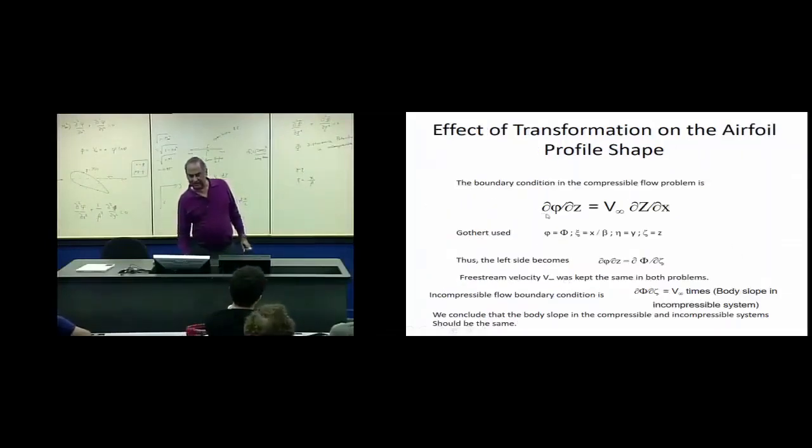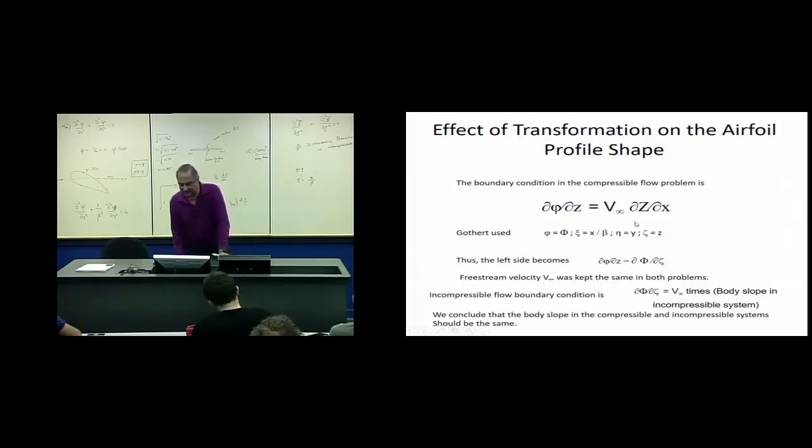Now then Gothert said, okay, let me take a look at the boundary condition. Phi is capital Phi, x got stretched. Eta and zeta didn't change at all. Same airfoil, same camber, same alpha, everything. Then phi became capital Phi, z became zeta, so the left side became d phi d zeta. V infinity can be kept the same because we never worry about dimensional quantities. That means it follows that this body slope in the compressible plane must equal the body slope in the incompressible flow plane.